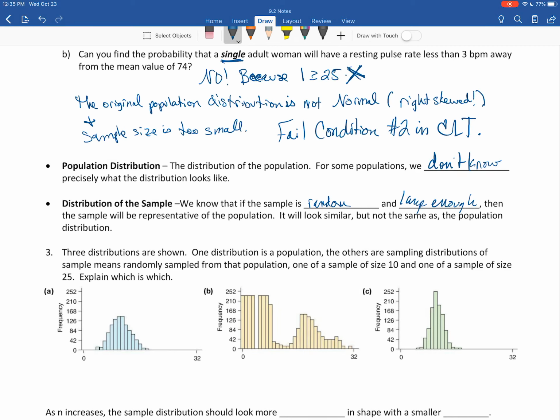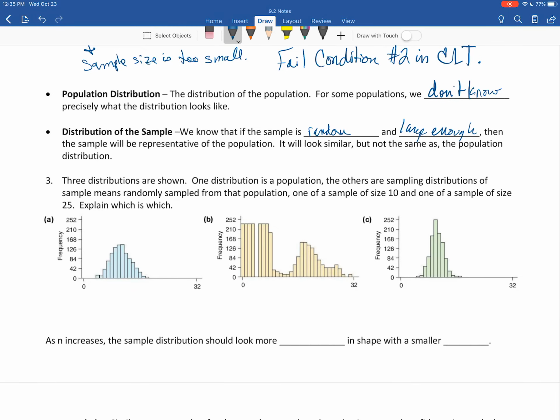It will look similar but not the same as the population distribution. You have some questions like this in your homework where it gives you images of some distributions and asks you which one is the population, which one is a sample of a certain size versus a sample of another size. On this one, we want to say which one of these would be the original population, which one would be a sample size of 10, and which one would be a sample size of 25, and explain why.